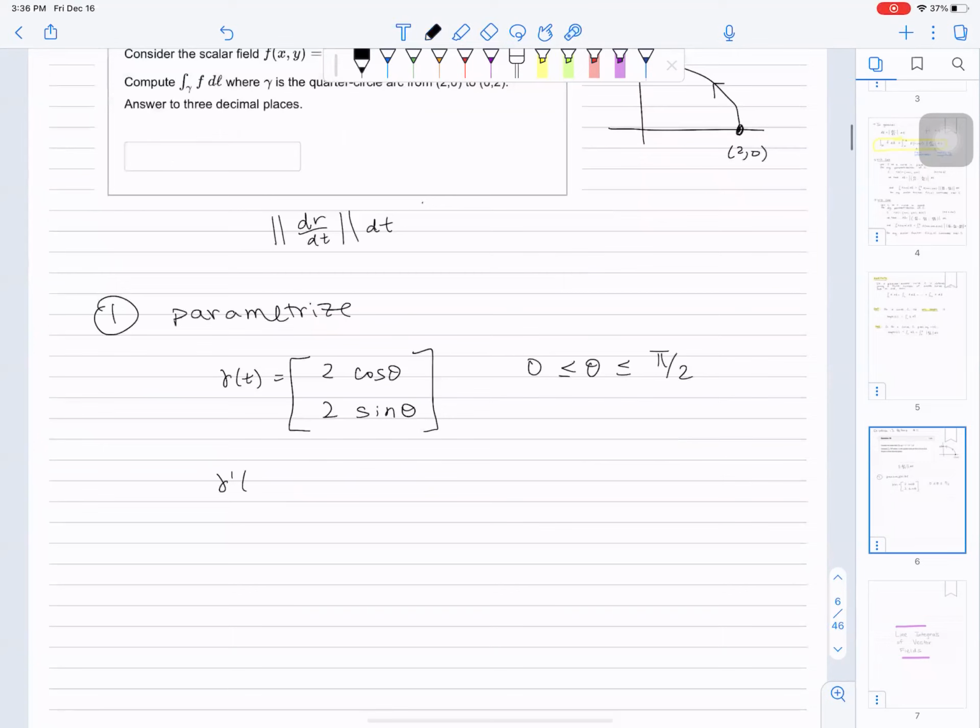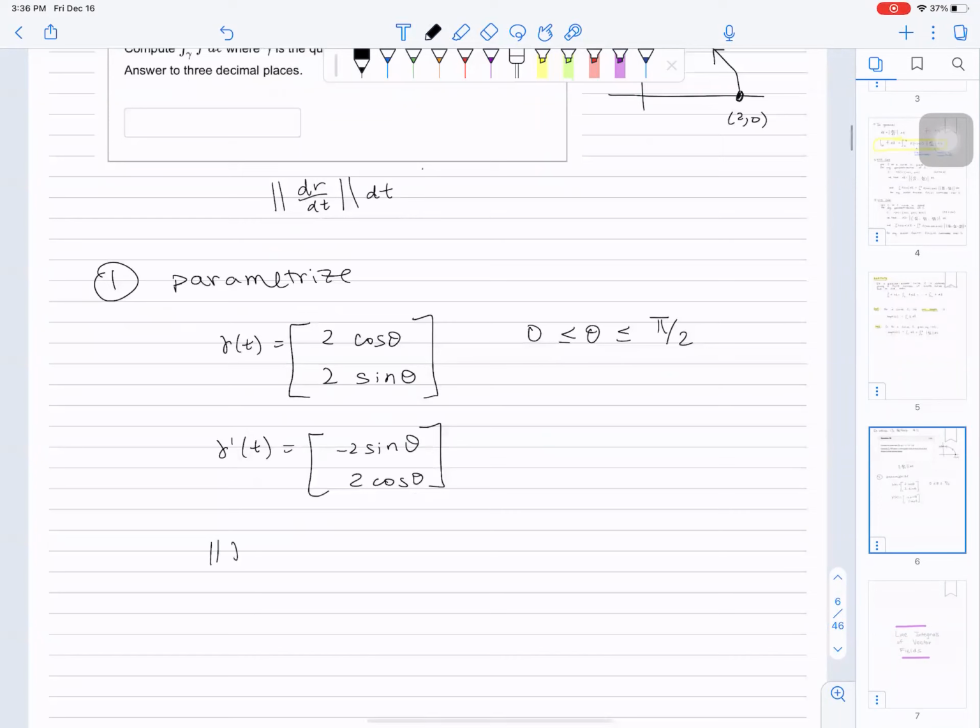Now I take the derivative because I'm going to need it, according to my formula. The derivative is (-2 sine theta, 2 cosine theta). What is the length of this derivative? That's the square root of each of the components squared. So I have the square root of (-2 sine theta) squared plus (2 cosine theta) squared.